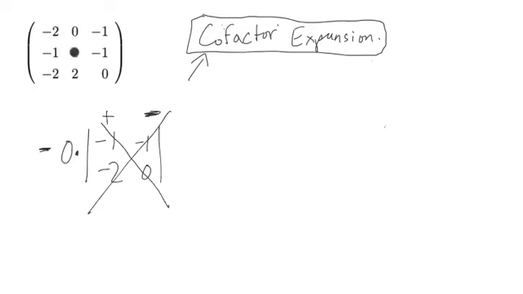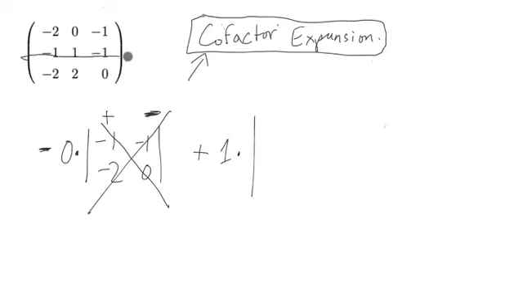For this one here, how many switches to get to the top left? We have one switch, another switch, so that would be two switches. So we change the sign twice, which means it didn't change. Even number of switches doesn't change the sign. So plus 1 times the determinant of what's kitty corner to it.